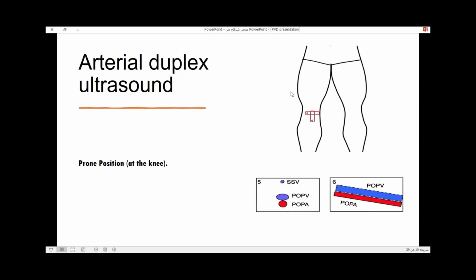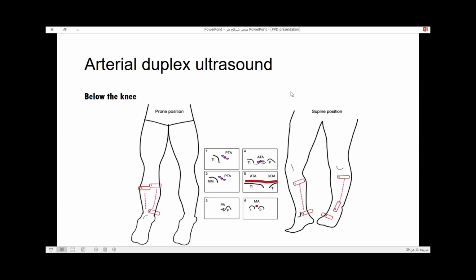In the prone position, we can see a better image of the popliteal arteries, in longitudinal and short axis. Below the knee is the most important, because most of the time CT scan or cross-sectional imaging is not a good evaluator for the below-knee arteries. So ultrasound is the gold standard for the infrageniculate arteries.